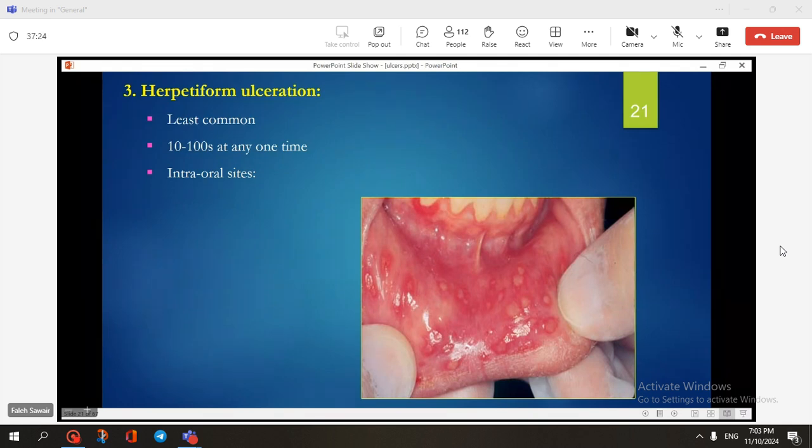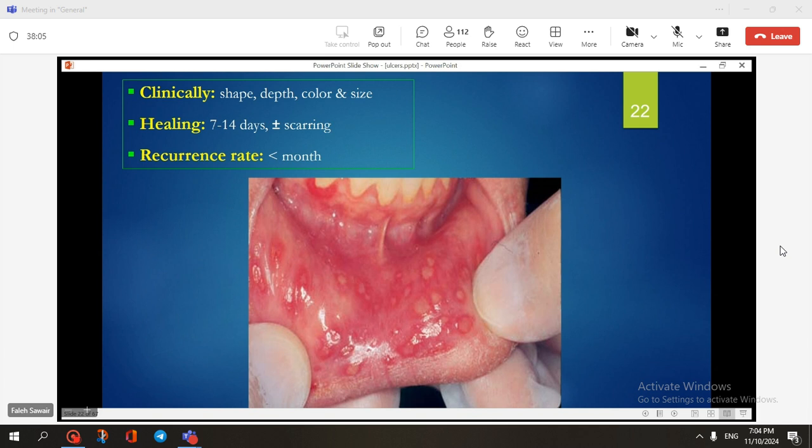Do the patients in herpetiform aphthous ulcers have systemic signs and symptoms like in herpetic infections: fever, malaise, lymphadenopathy? Is it associated with gingivitis, similar to herpetic gingivostomatitis? If you remember herpetic gingivostomatitis, there was widespread gingivitis. Is it present here? So many things you have to think about to differentiate between the herpetiform aphthous ulcer and herpetic gingivostomatitis.